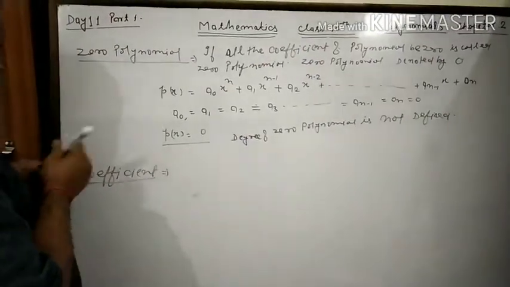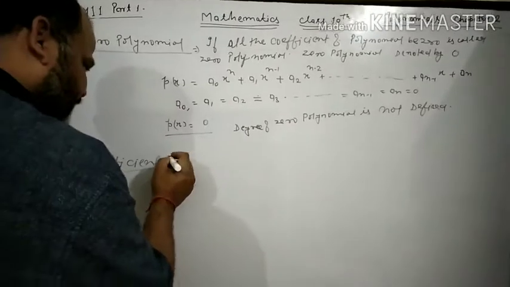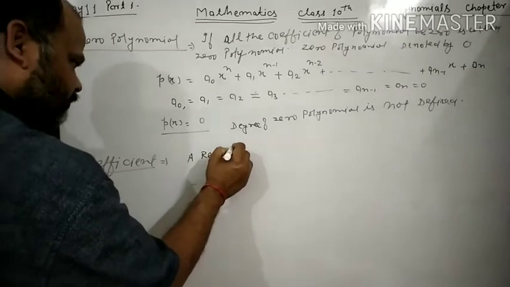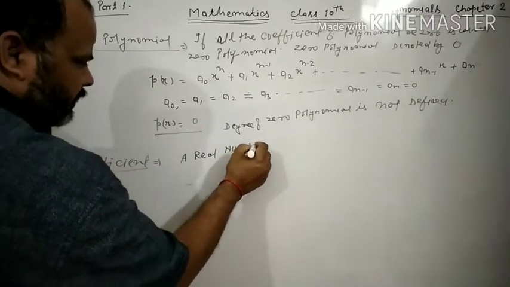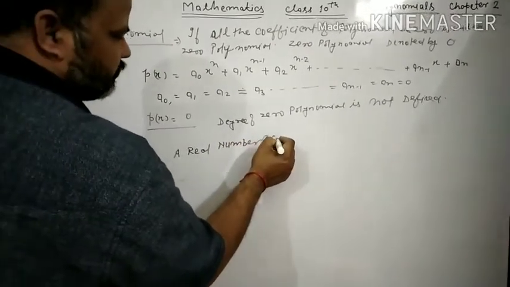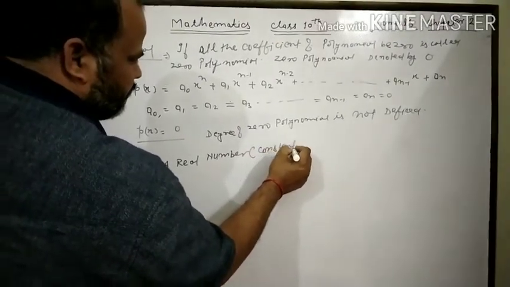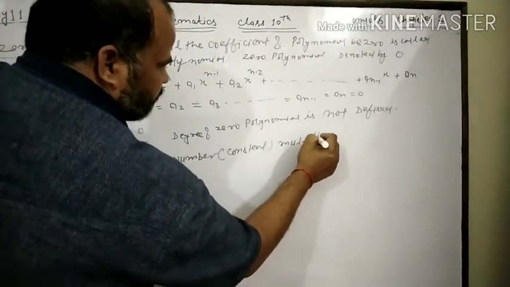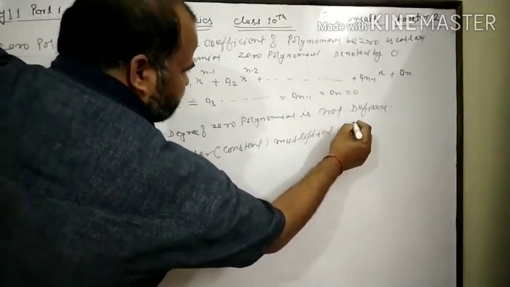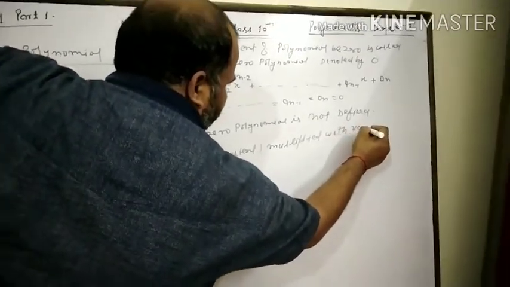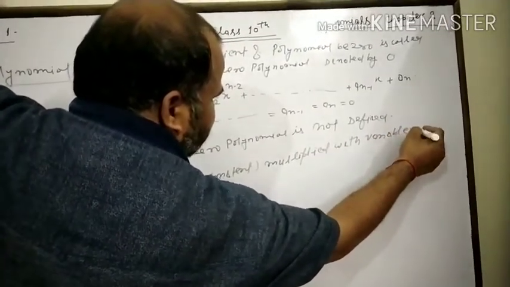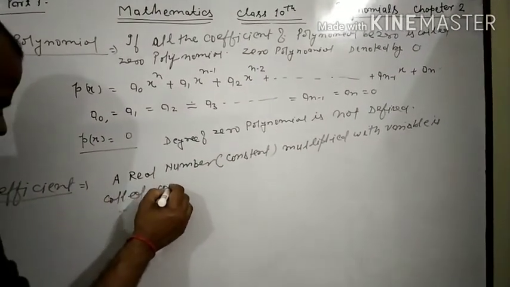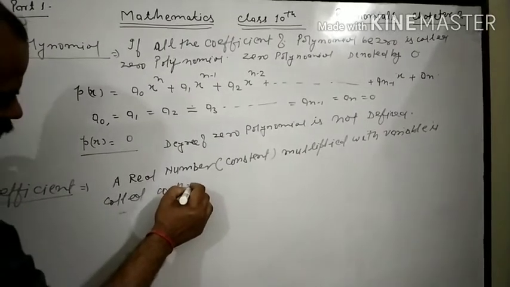Clear? If you want to define the coefficient, you say a real number, or simply a constant, multiplied with a variable is called a coefficient.